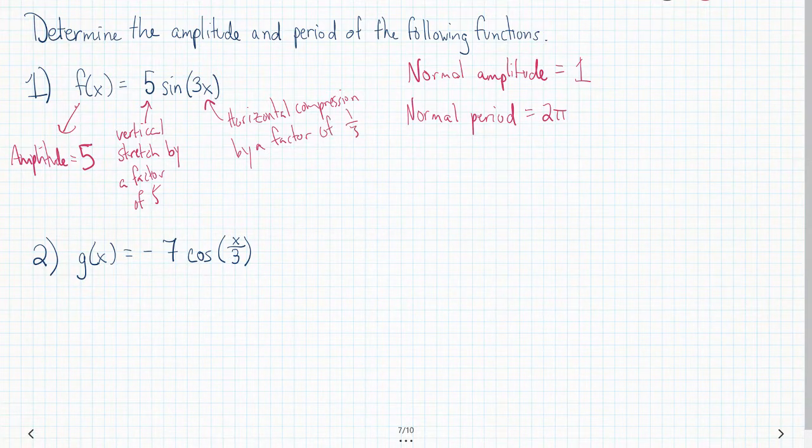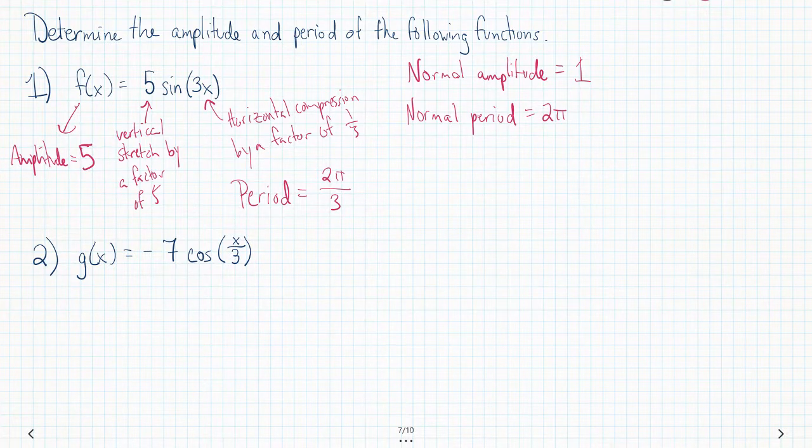So at the end of the day, that means our period, well, we've taken the 2 pi and multiplied by 1/3, or 2 pi over 3. Okay. Questions on that? It all comes down to just those transformations that we dealt with before, right? Another way you could do it is you can figure out 3x usually equals 2 pi for the period, and then you go x equals 2 pi over 3 is your new period. Same thing.